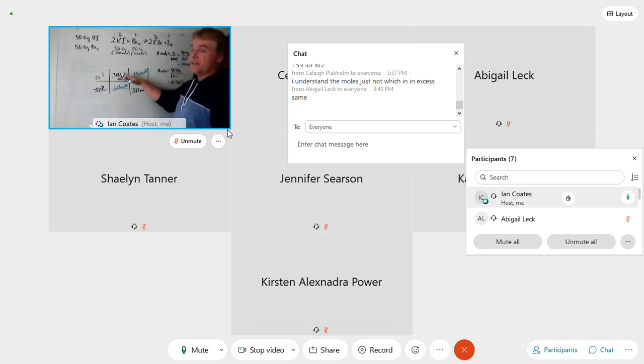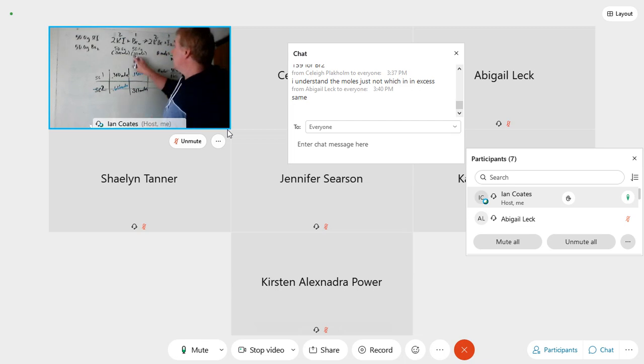This is what is going to happen. Okay? I am going to run out of this first. So this is my limiting reagent. All right? And when this goes to 0, I'm also going to take this amount of this guy with me. How much of this guy is left over?